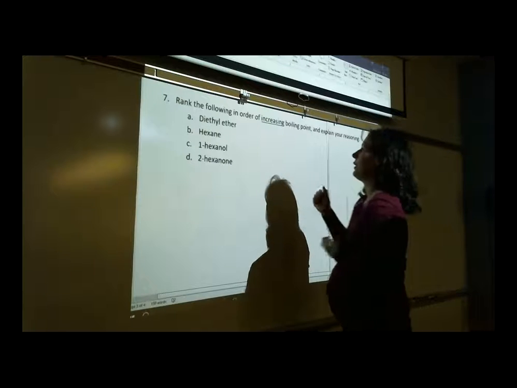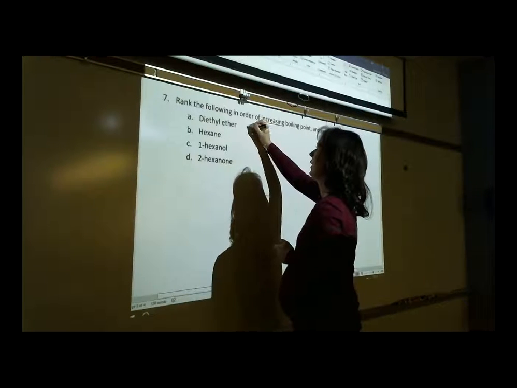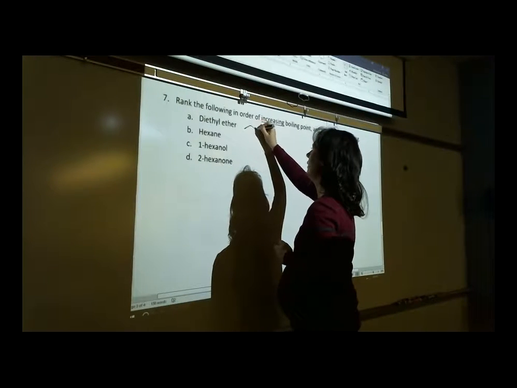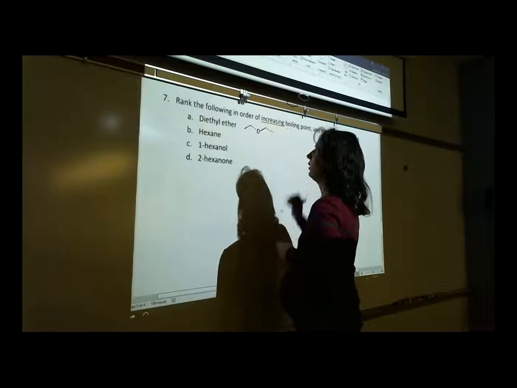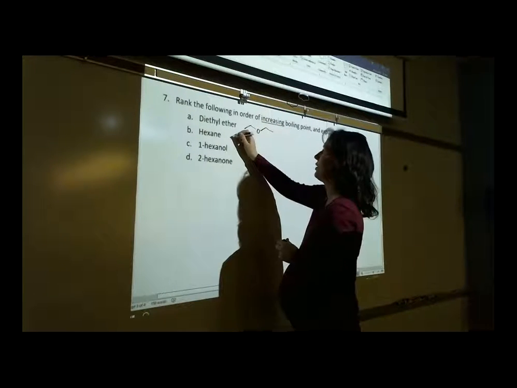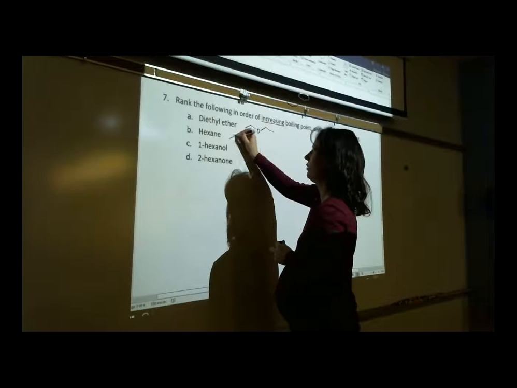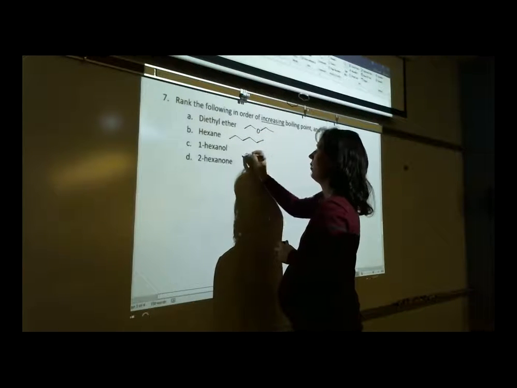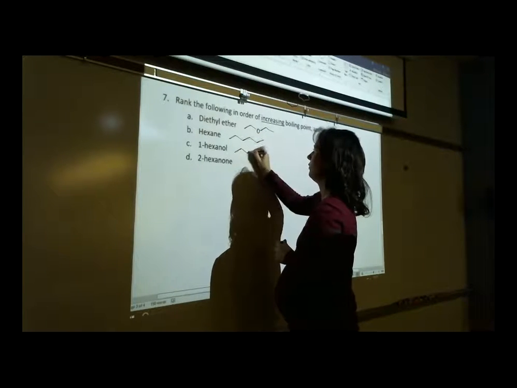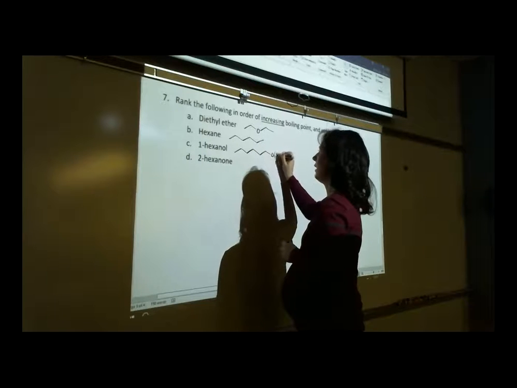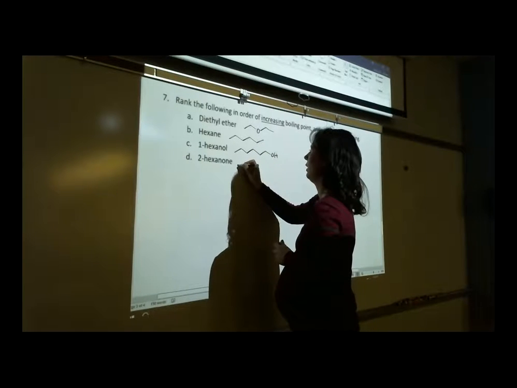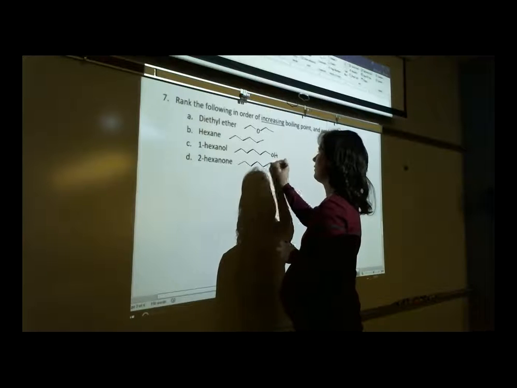So diethyl ether has 1, 2, and then O, and then 1, 2, right? Hexane is just a 6-member chain, 1, 2, 3, 4, 5, 6. 1 hexanol, 1, 2, 3, 4, 5, 6, OH, and then 2 hexanone, 1, 2, 3, 4, 5, 6.